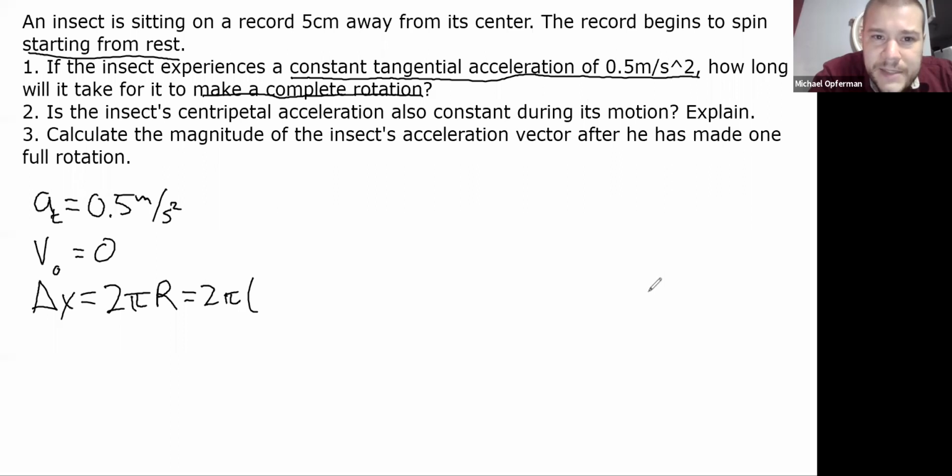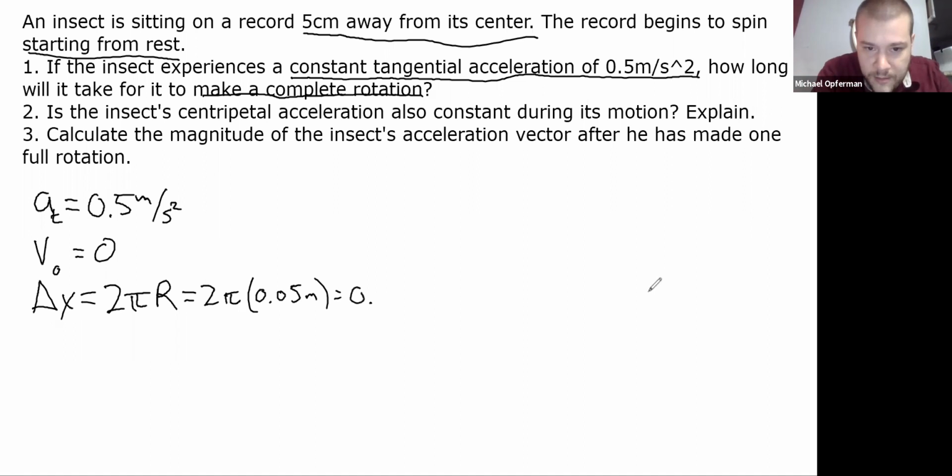So it's 2 pi times, he's 5 centimeters away from the center of the circle, so that's his radius, 0.05 meters. 2 times pi times 0.05 is 0.314. Oh yeah, I could have figured that out in my head. Just pi divided by 10. Okay.